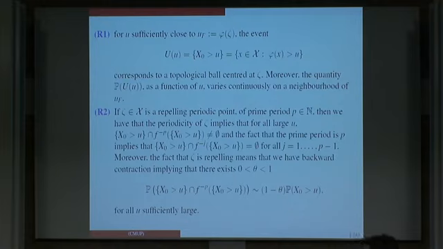So this would be the picture for R1. So for R2, I'm worried about the case that zeta is a periodic point, okay? And I want also some regularity conditions to hold. But, well, these are pretty natural if you consider that zeta is a repelling periodic point.